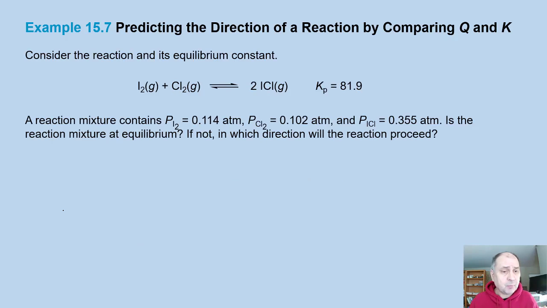So for example, if I gave you this problem here, a reaction mixture containing the pressures of I2, Cl2, and ICl, we don't know which way it's going to shift. Is it going to shift to the left or to the right?